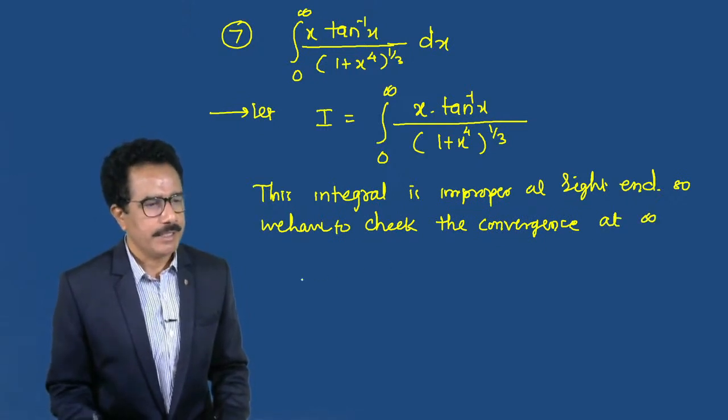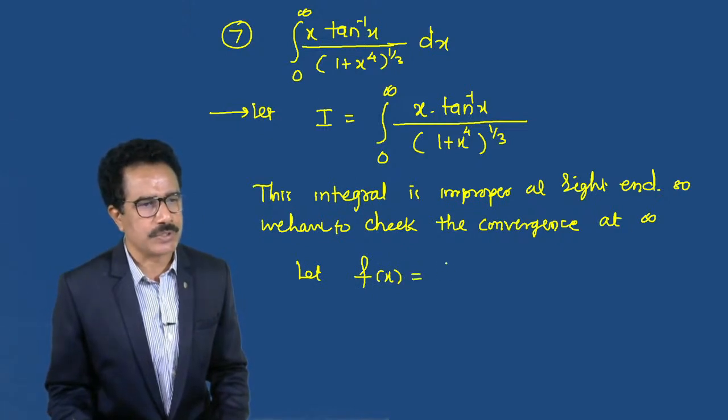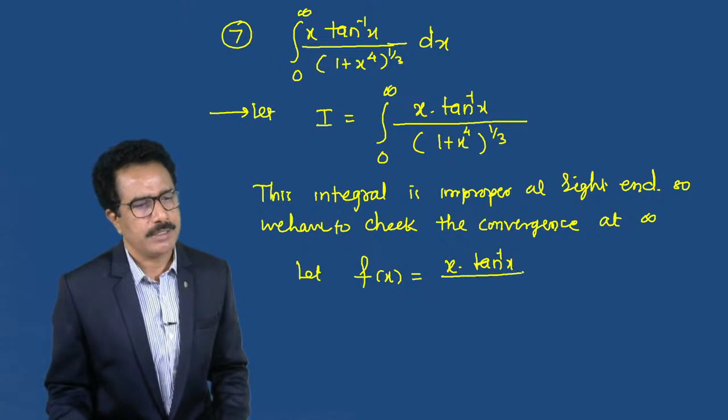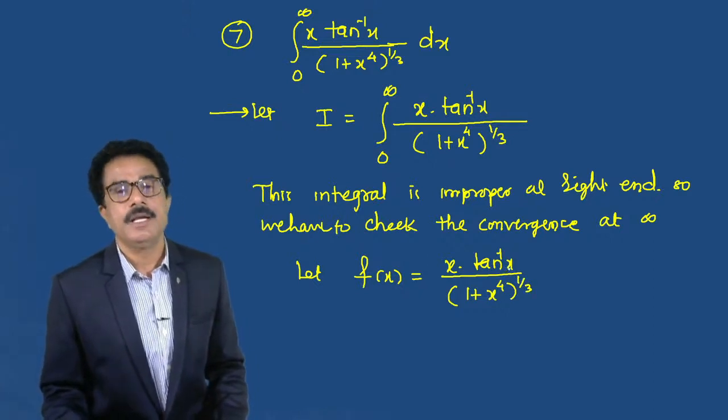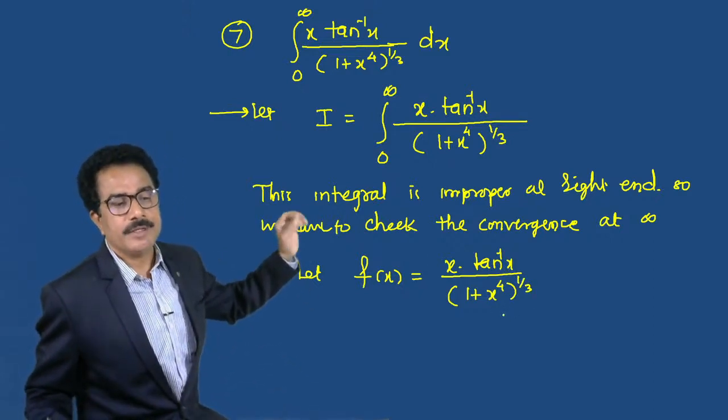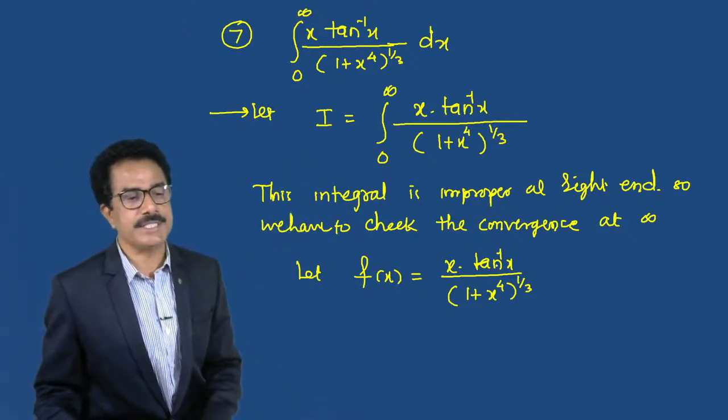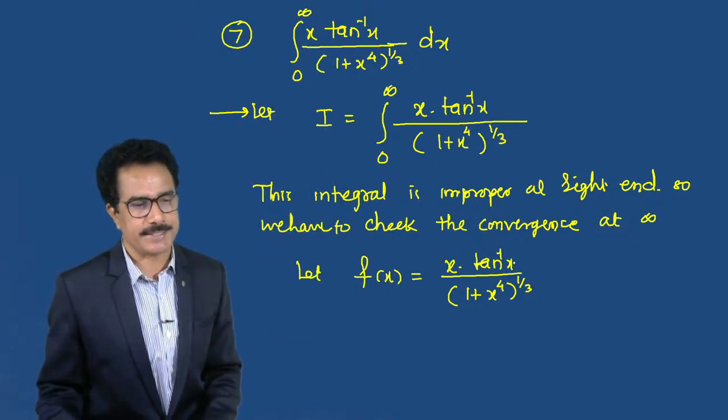Okay. Now let f of x be equal to x into tan inverse x divided by (1 plus x raised to 4) bracket raised to 1 by 3. Now we consider another function. See this: tan inverse x divided by x.